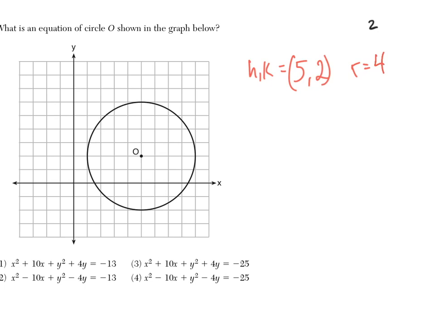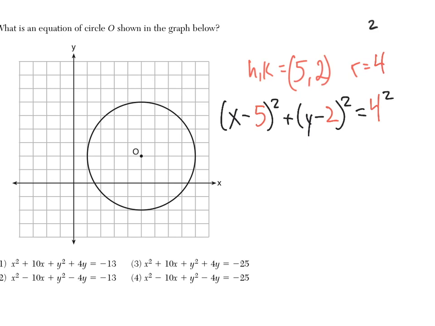Now let's pop this in and see if we can simplify to figure out which of the 4 options is the correct answer. We know that it's going to be (x minus 5) squared plus (y minus 2) squared equals 4 squared.